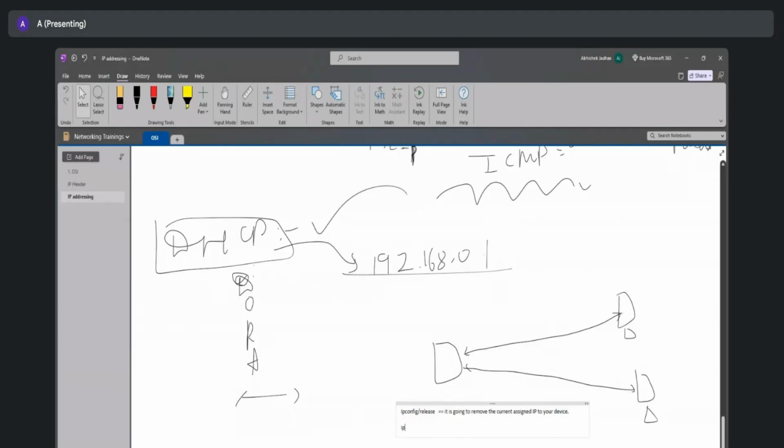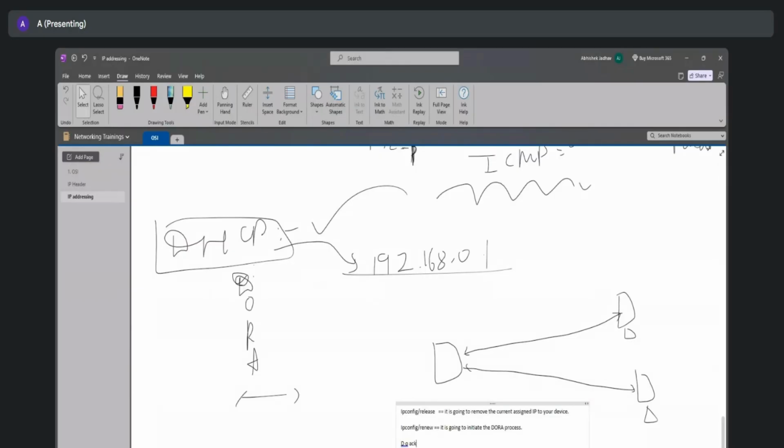And then you can run the command ipconfig renew. What this is going to do is initiate the DORA process, right? So when renew comes into the picture and you're capturing the packets, you can literally see each and every packet in that. You can see the discover packet, you can see the offer packet, and so on and so forth. You can see it until the acknowledgement packet.